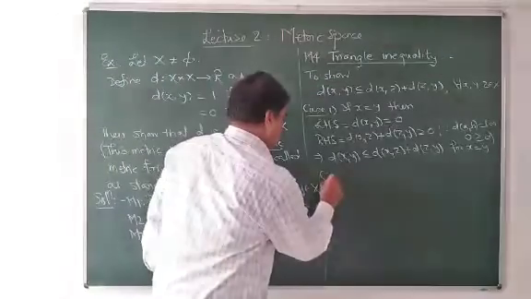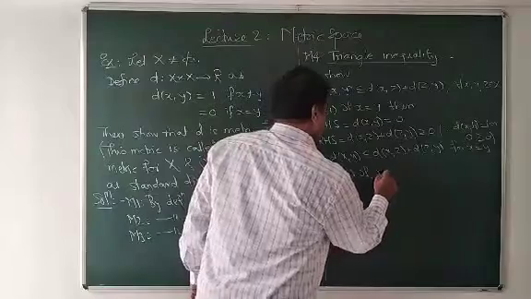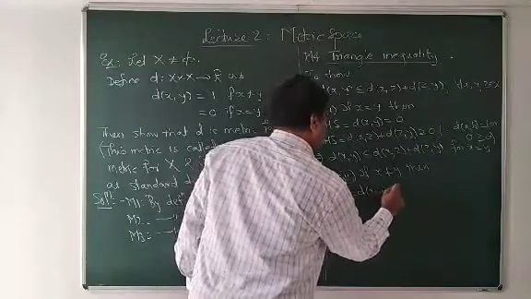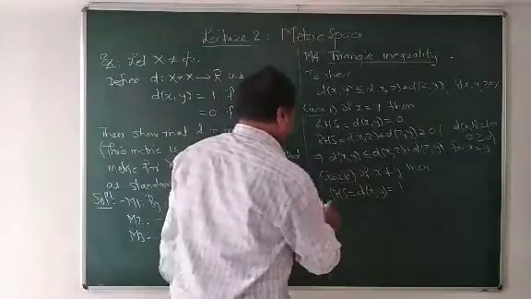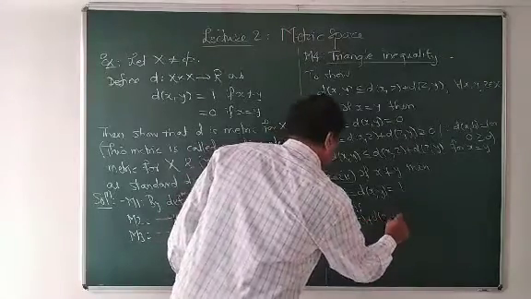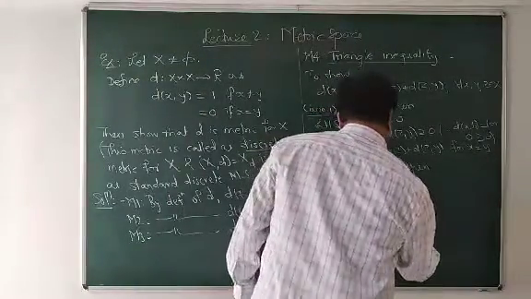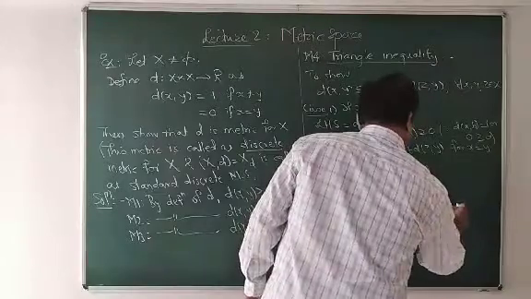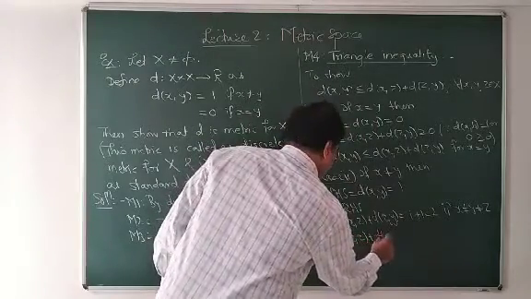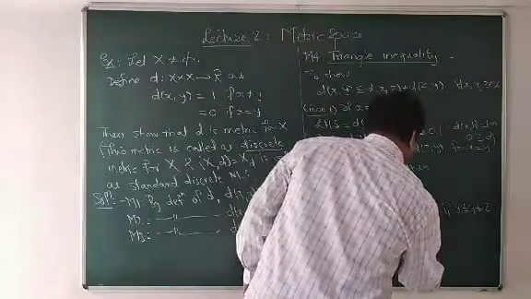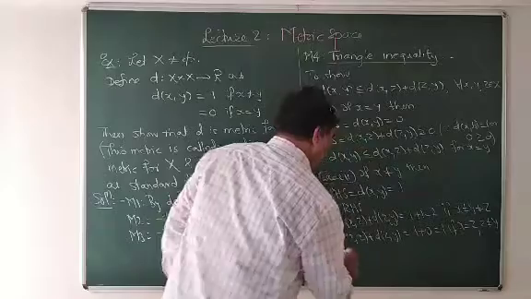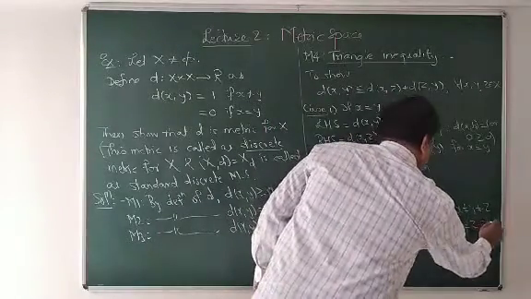Case 2: if x is not equal to y, then the left hand side d of (x, y) takes the value 1. For the RHS, d of (x, z) plus d of (z, y) will become 1 plus 1 is equal to 2 if x is not equal to y is not equal to z. d of (x, z) plus d of (z, y) is equal to 1 plus 0 is equal to 1 if x is not equal to z, z equal to y.